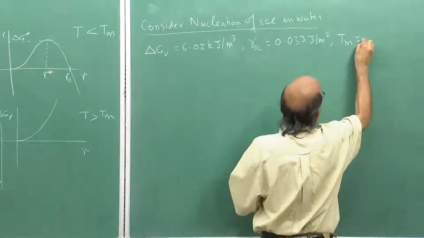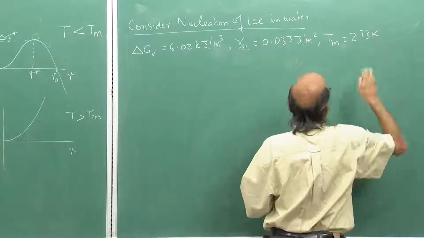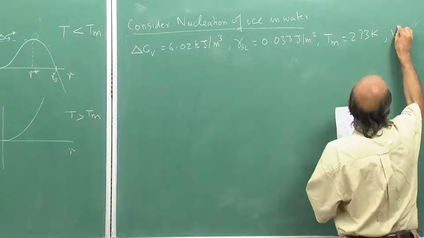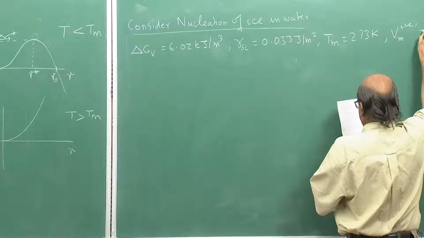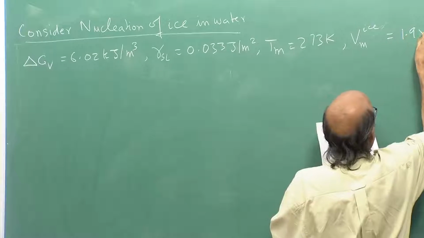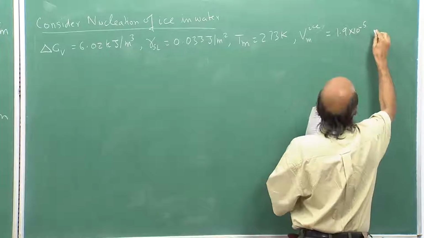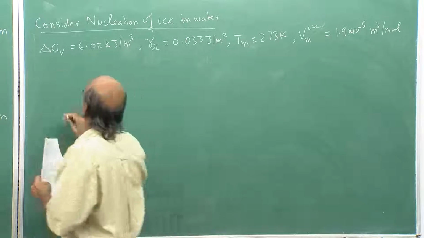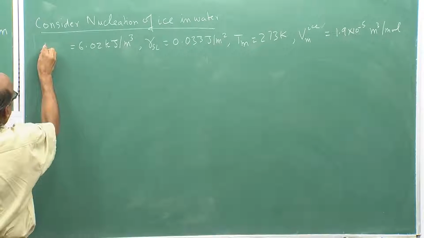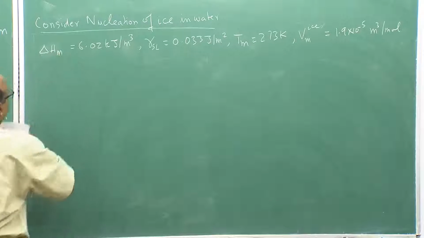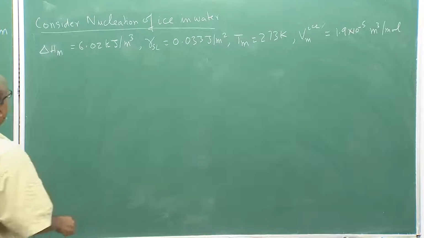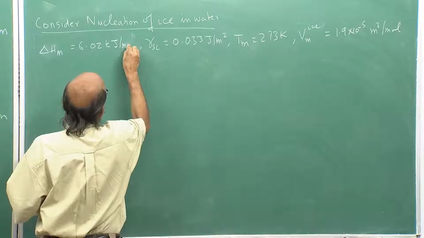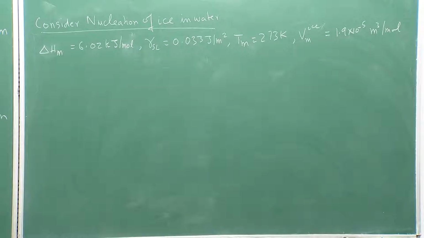Of course, Tm for water is 273 K or 0 degrees centigrade, and the molar volume of ice is 1.9 into 10 to the power minus 5 meter cube per mole. Excuse me, this should be delta Hm, the change in enthalpy per mole. So, 6.02 kilojoules per mole.